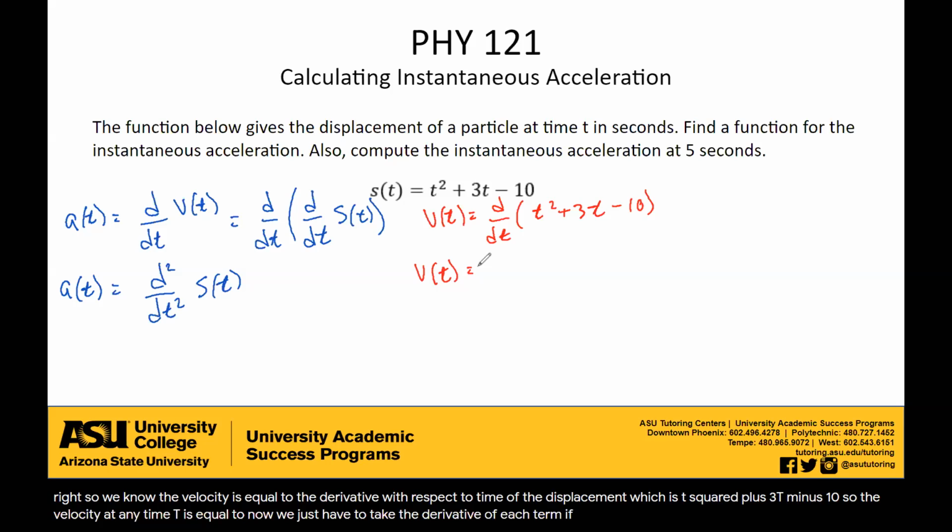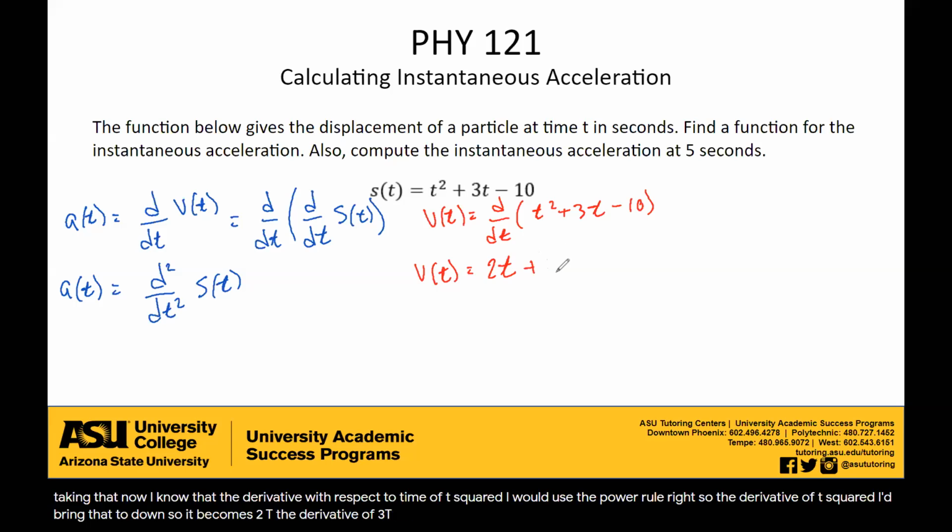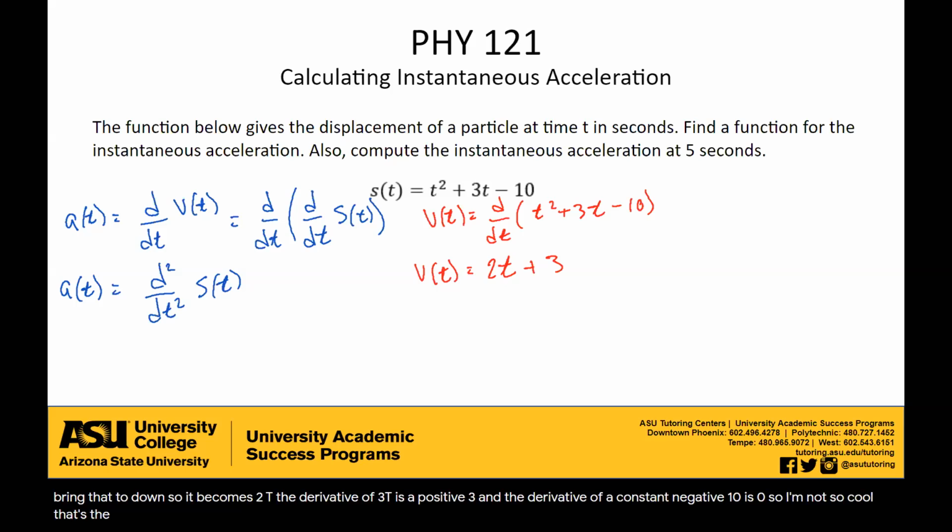If you remember back in your Calc 1 days, or if you're taking that now, I know that the derivative with respect to time of t squared, I would use the power rule, right? So the derivative of t squared, I'd bring that 2 down, so it'd become 2t. The derivative of 3t is a positive 3, and the derivative of a constant, negative 10, is 0. So I'm not going to include that. So cool, that's the velocity, right?